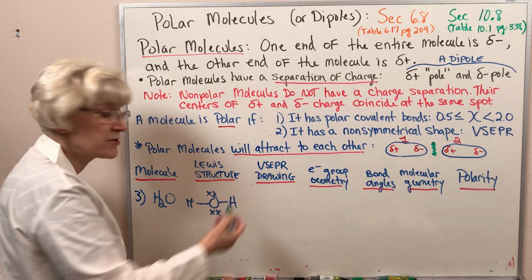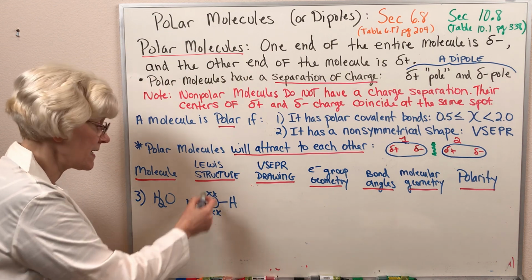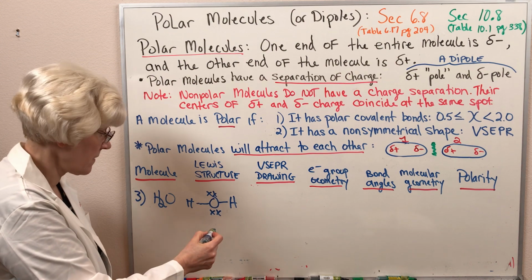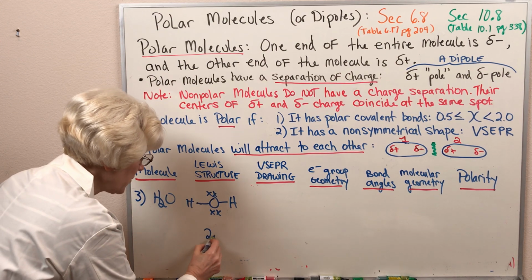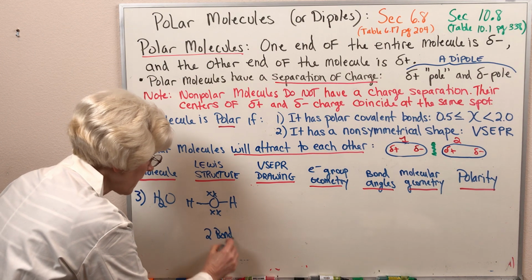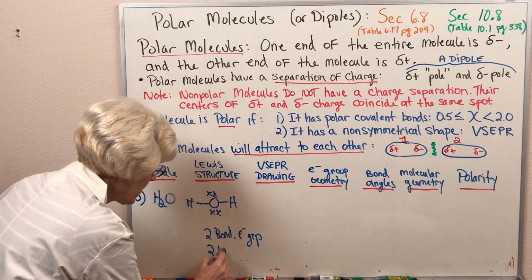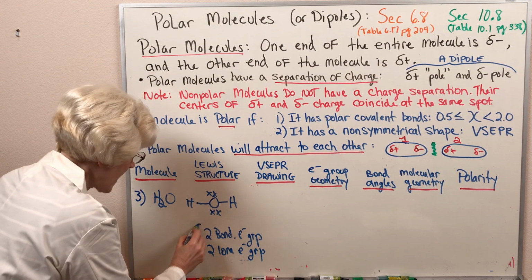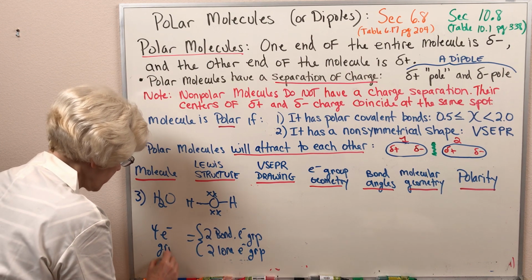But now that we understand VSEPR, we can evaluate and see that this drawing is in fact not the correct shape for water molecules. I see that water has two bonding electron groups and two lone electron groups, and that adds up to a total of 4 electron groups.